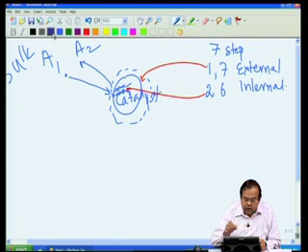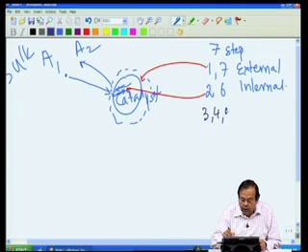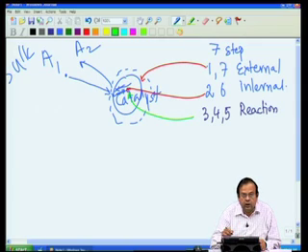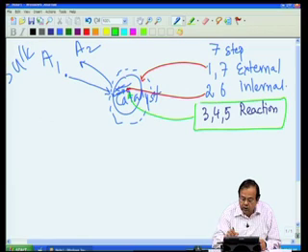Then steps 3, 4 and 5 are reaction steps, that is adsorption onto this material, then surface reaction and then desorption. So, these are all 3 reaction steps. Kinetically speaking, we are right now concerned with only these steps.